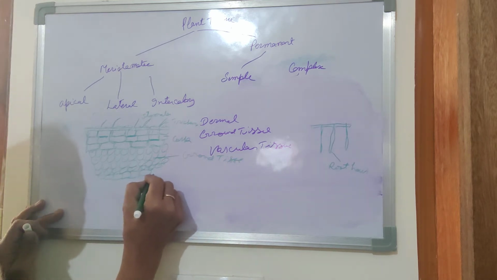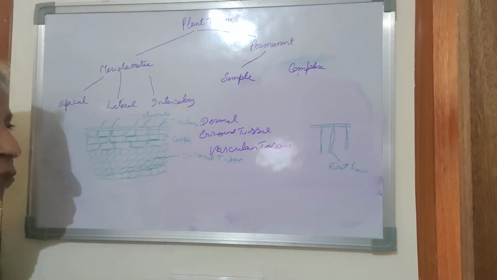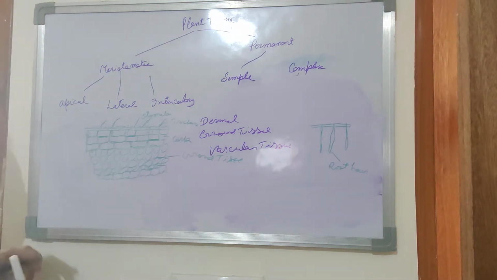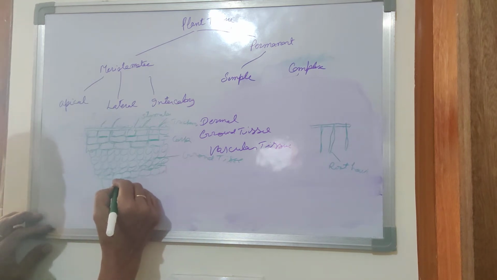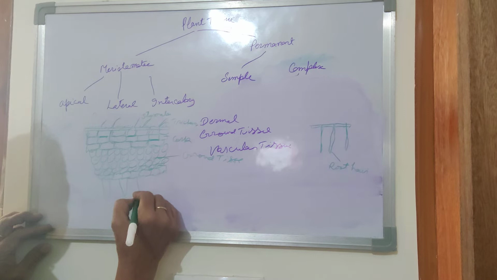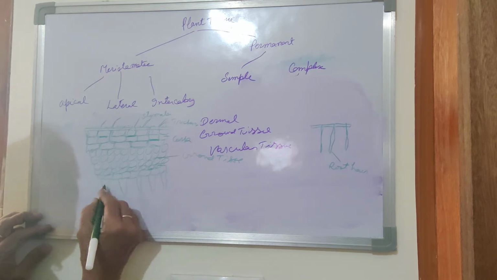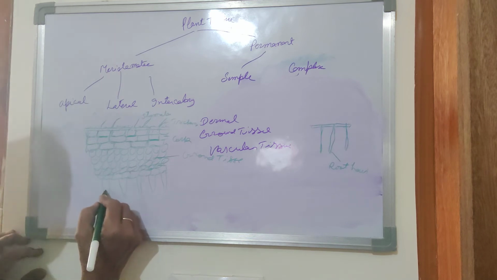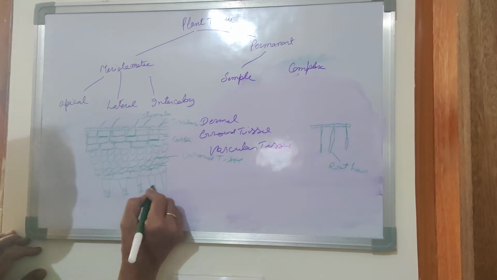Then below the ground tissue is present vascular tissue. Vascular tissue consists of vascular bundles, and each vascular bundle contains xylem and phloem.